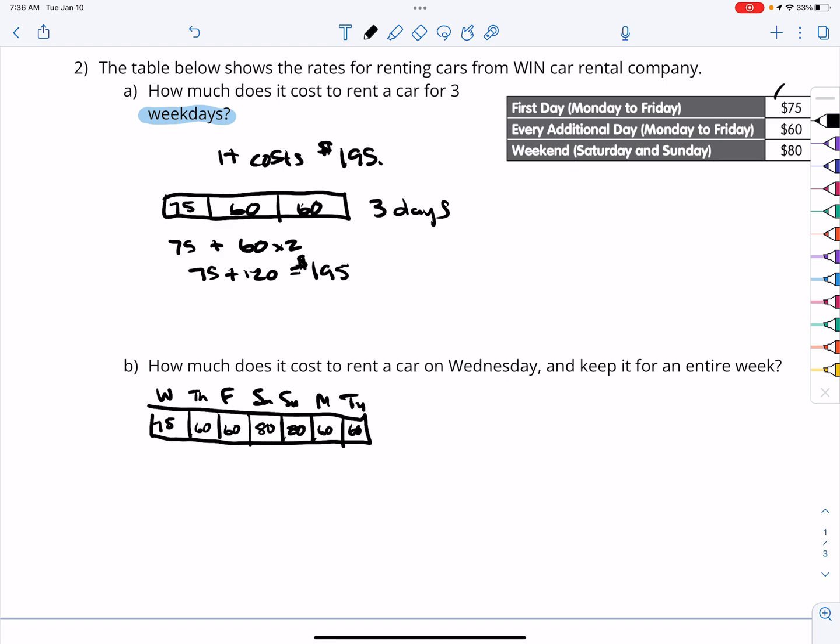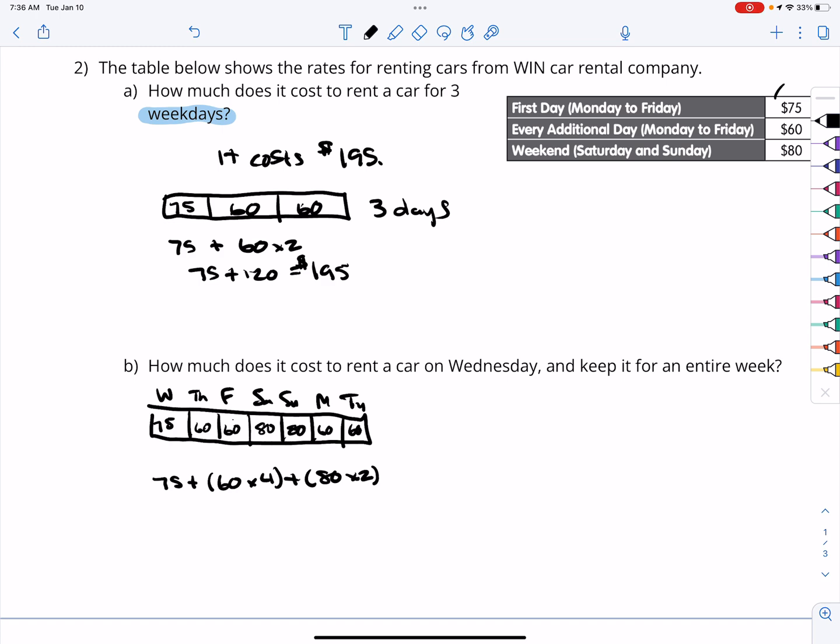So when we look at this, it looks like we have 75 for Wednesday, plus, let's count the rest of our weekdays. We have 60 times 1, 2, 3, 4, plus our weekends, which is 80 times 2. So I'm going to write that out all in one expression because why not?